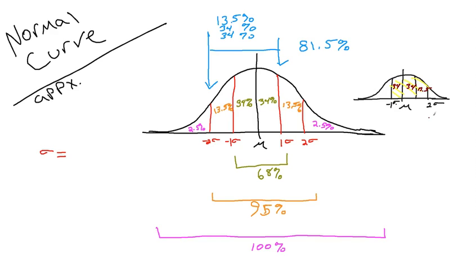So if the question is asking me what this is right here, I can say, okay, 34 plus 34 plus 13.5, and again, that's 81.5%. So 81.5% of my scores falls between 2 and -1 right there. So one of the tips when you're figuring out things with the normal curve is just to draw a picture. It's one of the most helpful things you can do.